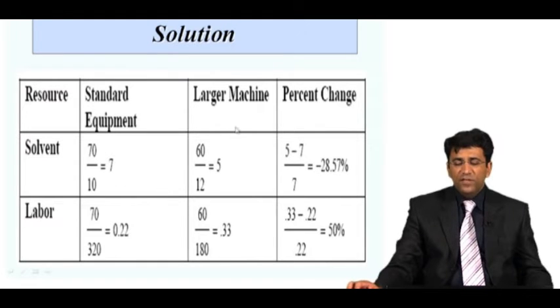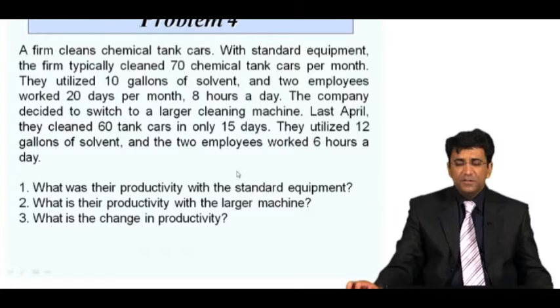Now again, if they introduce the larger machine, what happens? They cleaned 60 tank cars in only 15 days. Now students, if you are interested to calculate the productivity with respect to only a single factor, that is the gallons of solvent, you can see that in this particular case they utilized 12 gallons of solvent. So what is our new output and input?